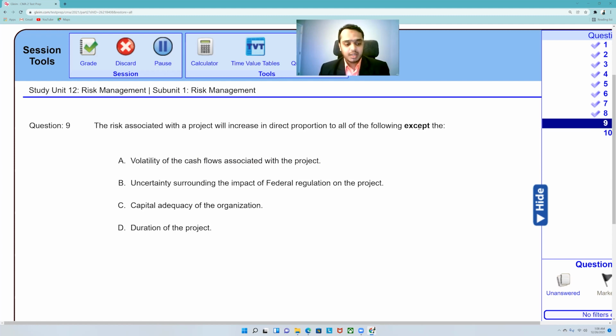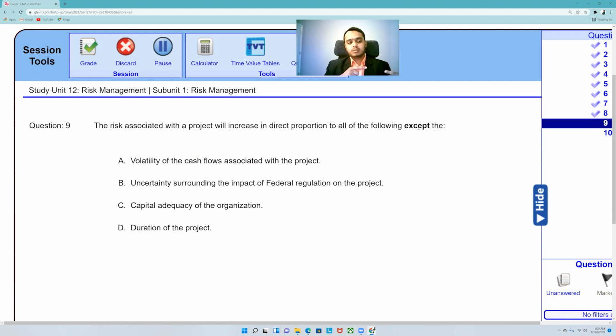Then capital adequacy of the organization. Capital adequacy of the organization is nothing but the structure of the capital of the organization. The risk will be proportional towards the debt and equity ratios or something like that. I don't think so. Then duration of the project.